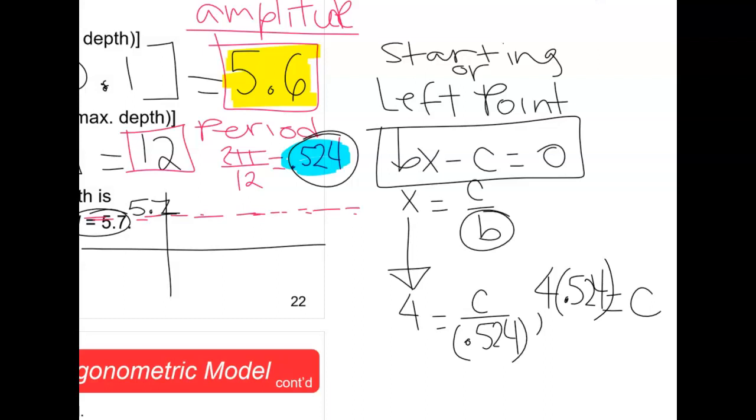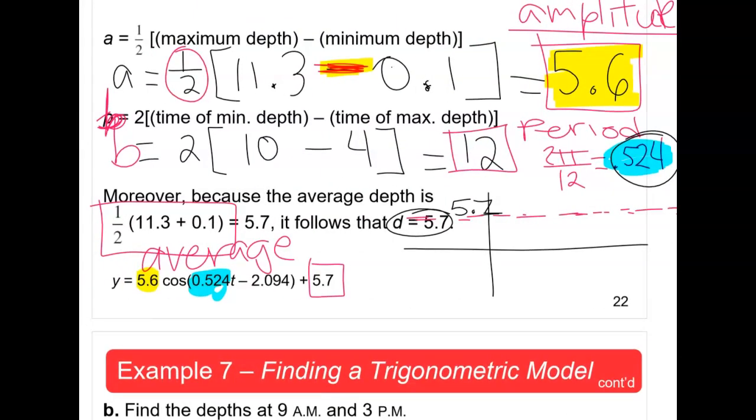And what we will get from there is this number that we see here on the equation, the negative 2.094. So c is equal to 4 times 0.524. And that's how we get all of our values for our equation.